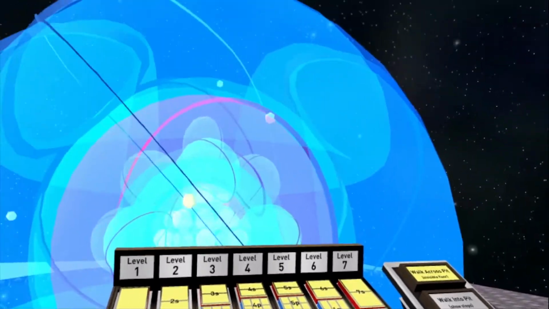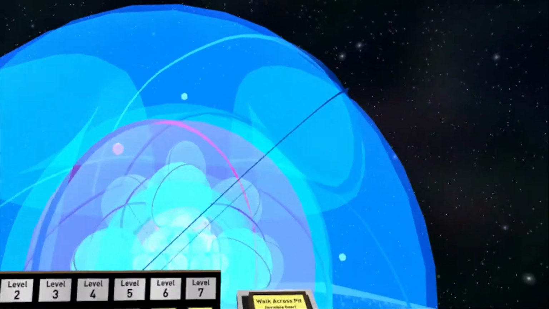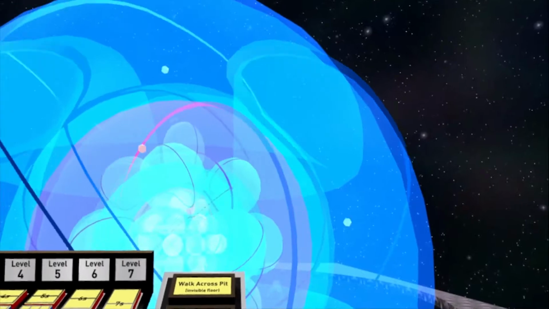So look at that. Wow. A giant Organesson atom. Now, just like before, we can walk across the pit and go take a look inside of this thing. Look at all this craziness.